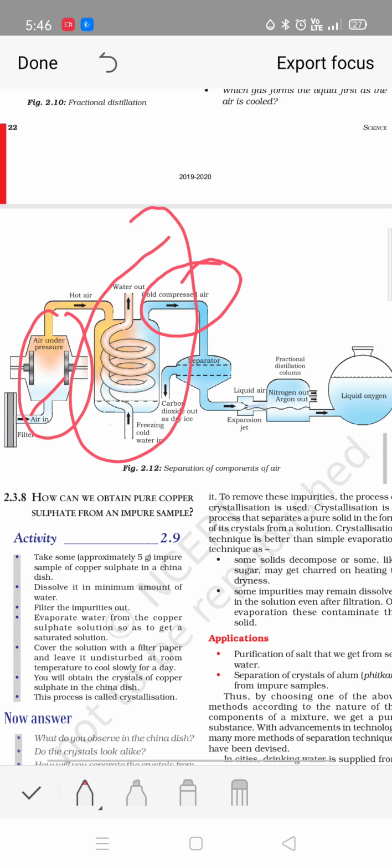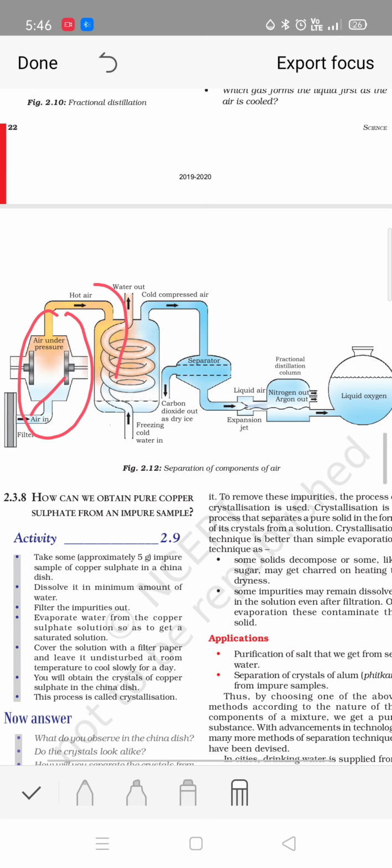And how is the cooling done? When this compressed air is passed through this step, you pass cold freezing water through a tube. Because this water is so cold, the hot air will get cooled down.